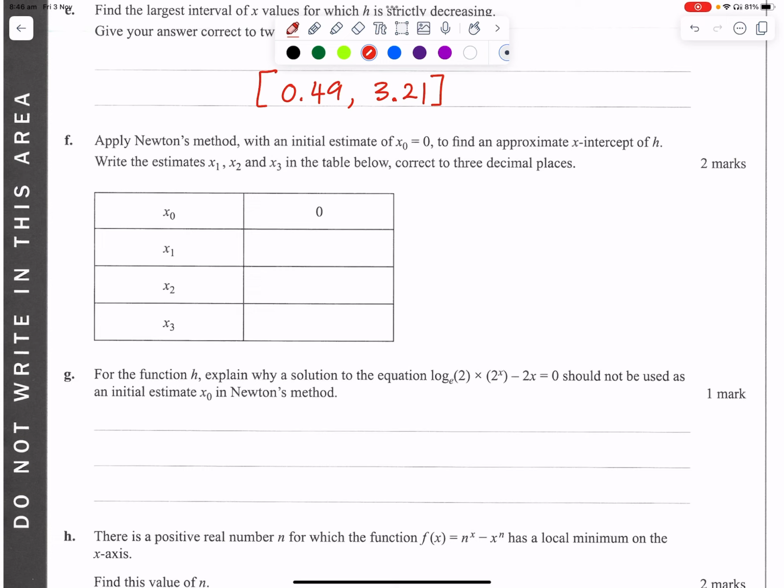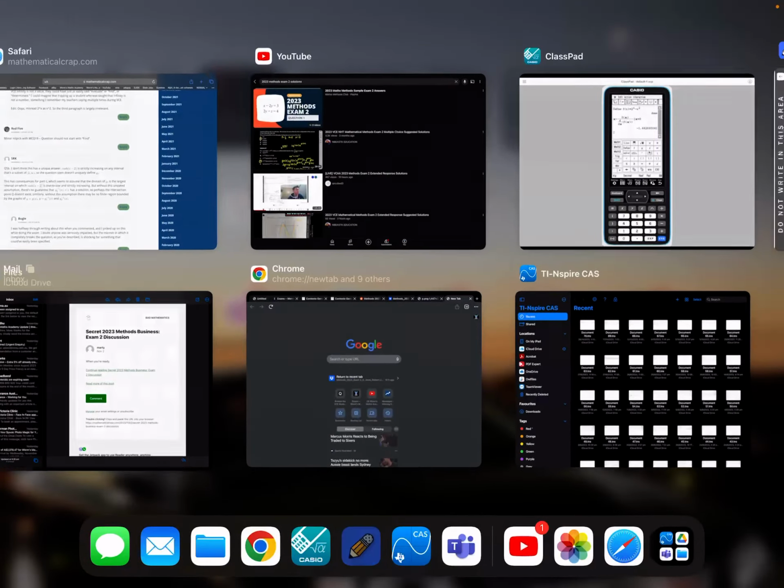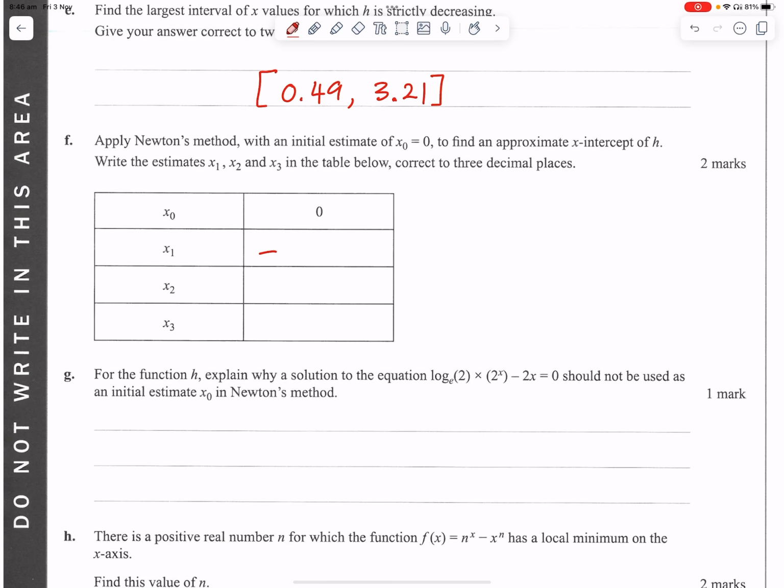Why isn't this thing loading? Negative 1.443. I think the app crashed.